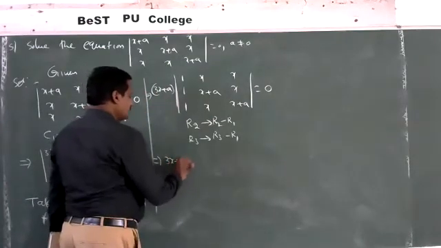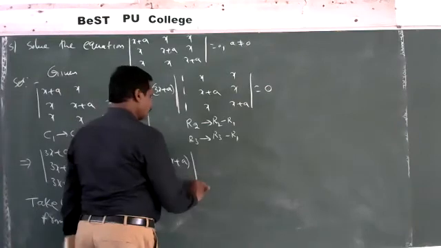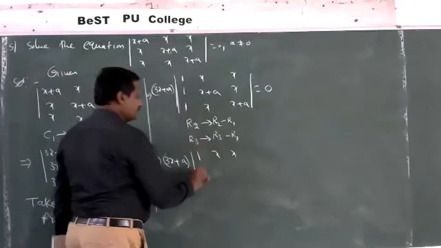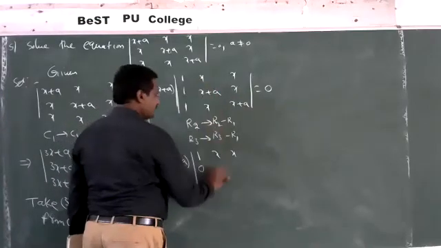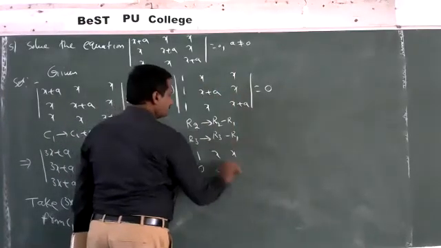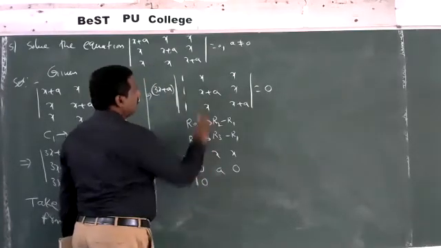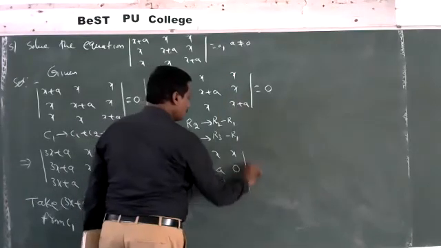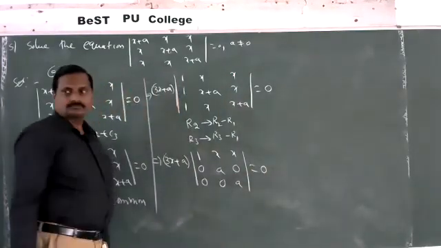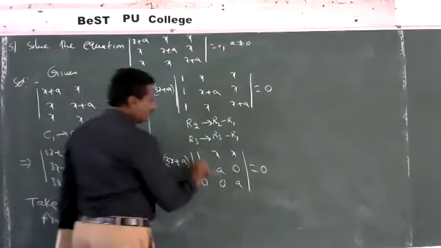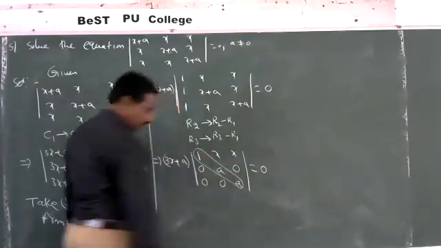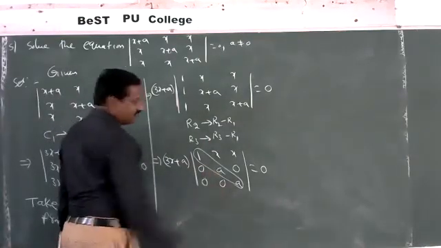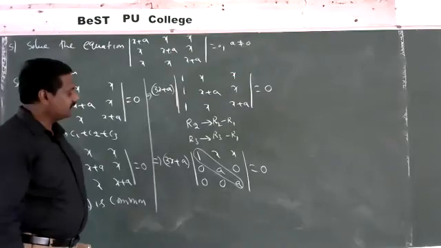This implies 3x plus a times 1, x, x; 1 minus 1 is 0, x plus a minus x is a, x minus x is 0; 1 minus 1 is 0, x minus x is 0, x plus a minus x is a, equal to 0. Now it is a triangular matrix, the determinant equal to product of the principal diagonal elements.